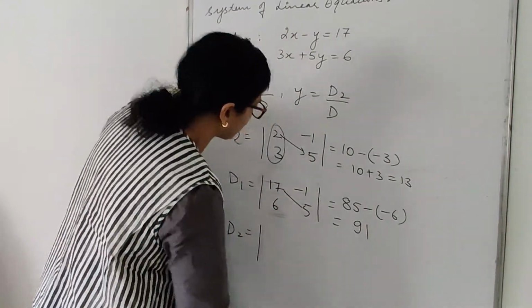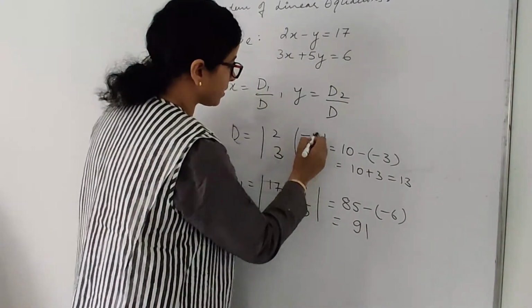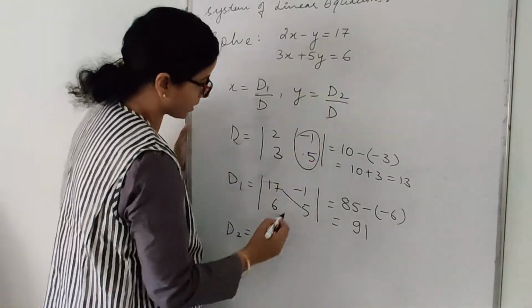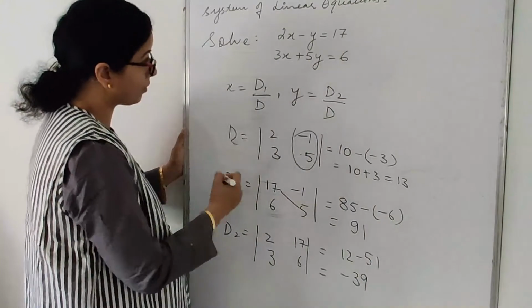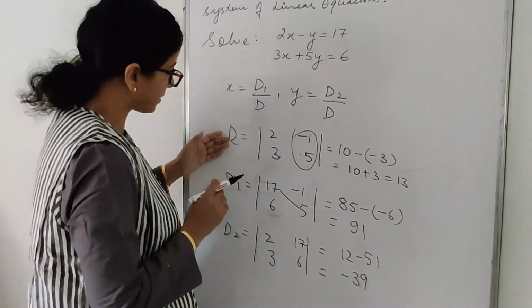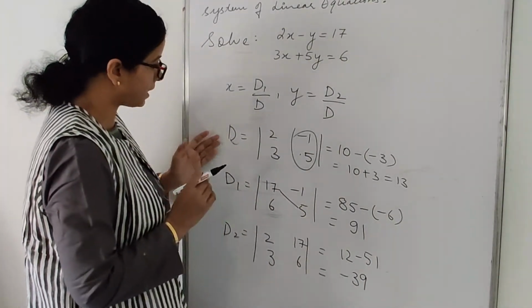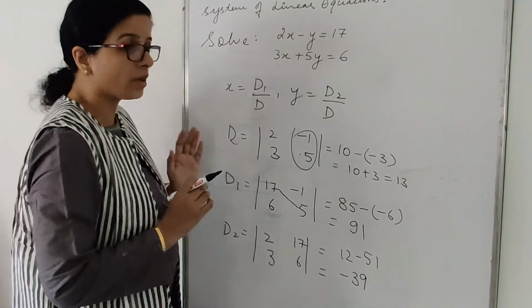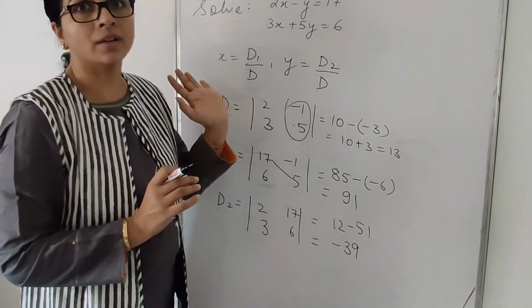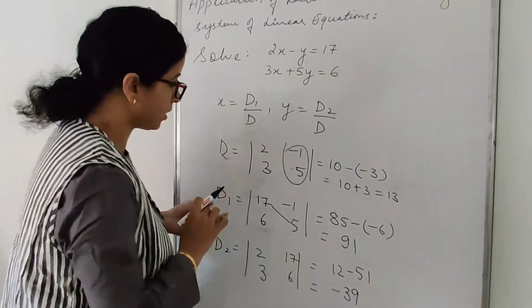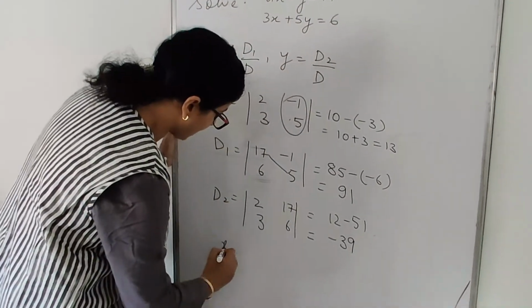From D, the coefficient of y will be replaced by the constant terms. So basically what you are getting is minus 39. Now see, our system has a unique solution because D, d1 and d2, none of them are equal to 0. So I have a consistent system of equations.